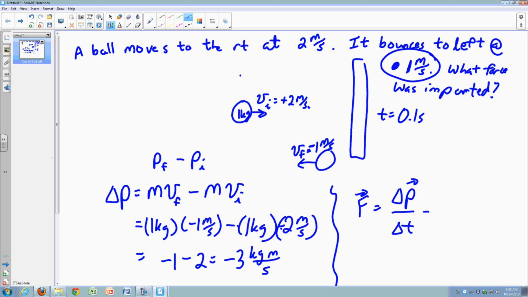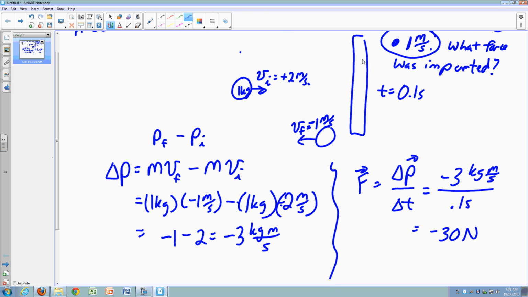Delta p is negative 3 divided by delta t, which is 0.1. So it's negative 30 newtons, or you could say 30 newtons to the left, because it's negative there. So finding your change in momentum, and then dividing by the time over which the collision occurred, will give you your force.